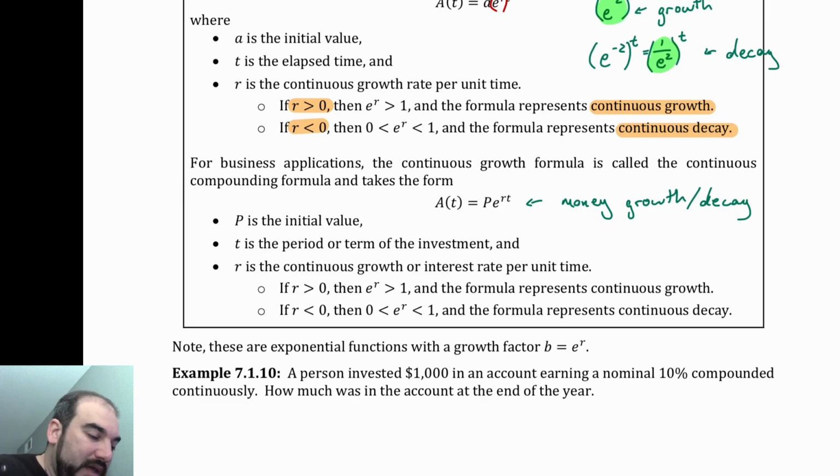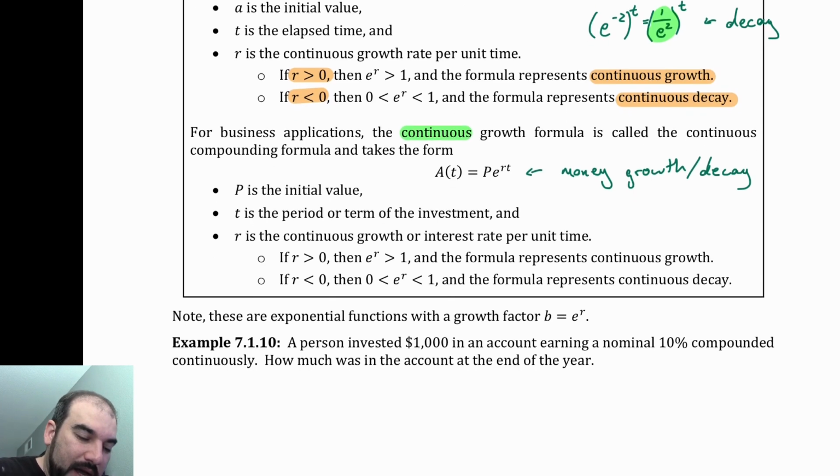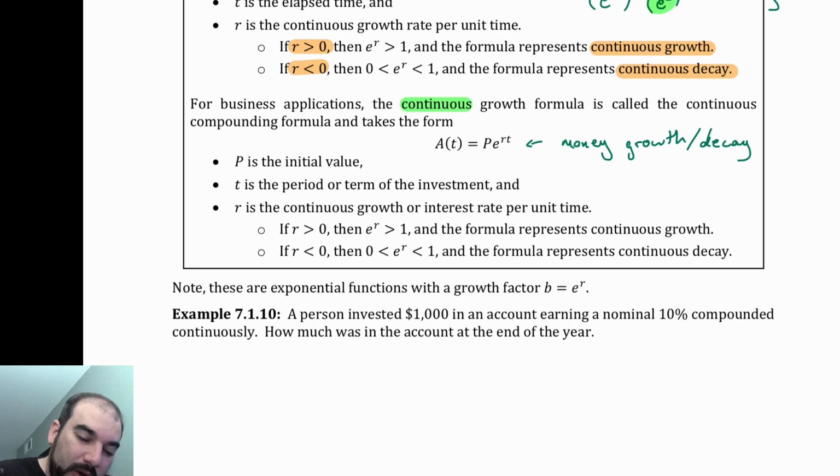Here we're looking for the keyword of continuous compounding, right? If they tell you that the account is compounded continuously, we don't have an n for that. Instead, we use the A equals P times e to the rt formula.